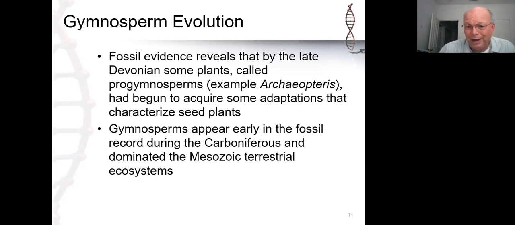Remember that T-Rex is actually a Cretaceous dinosaur, not a Jurassic dinosaur. If you're thinking meat-eating dinosaurs of the Jurassic, you're thinking allosaurs.